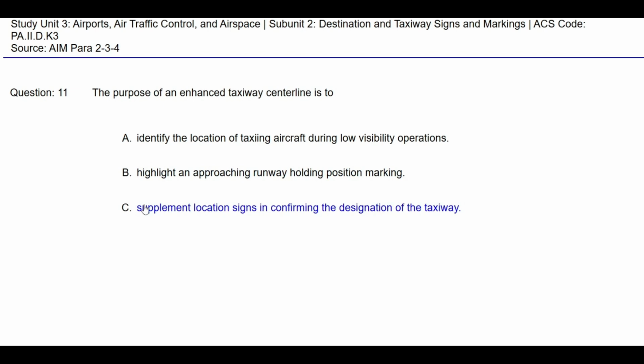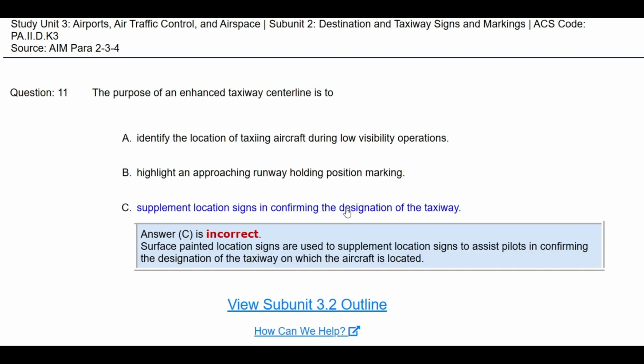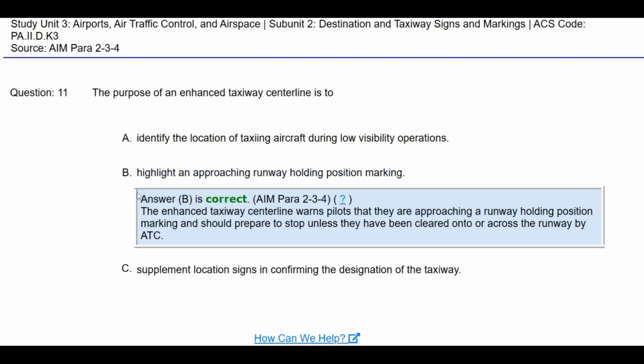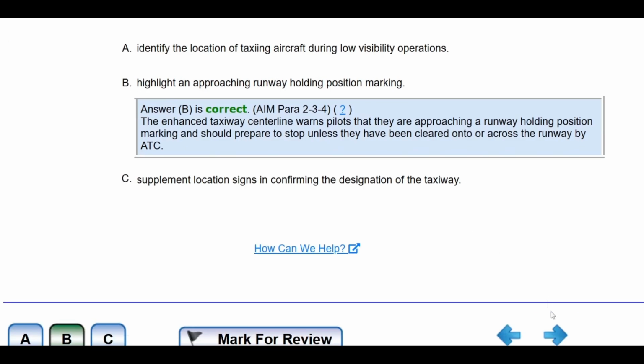I think I would go with C. Let me reread this. I think that's a good answer, but interesting is B. So let's read this together. The enhanced taxiway centerline warns the pilot that they are approaching a runway holding position. Oh, they should be prepared to stop. Okay, I think that got me. I thought it meant to notify the pilot.